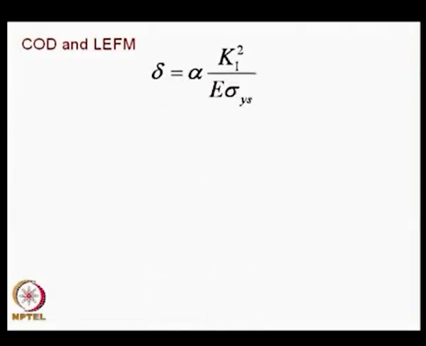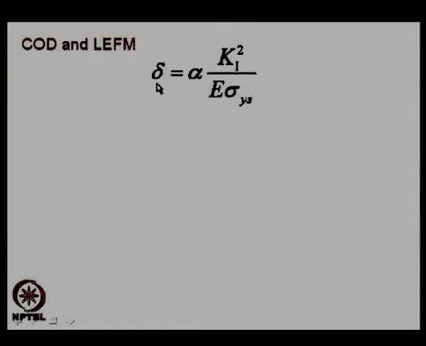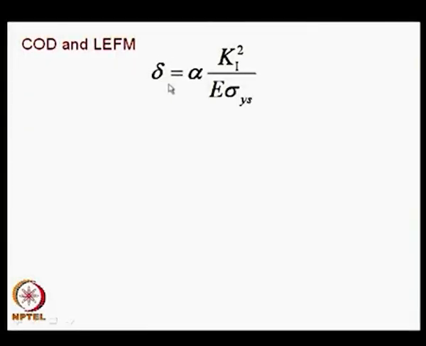And I have not shown the derivation steps from Irwin's modified value of the incremental extent of crack length. It is possible to calculate an expression for the crack tip opening displacement.